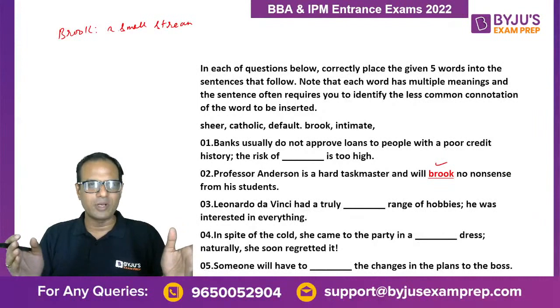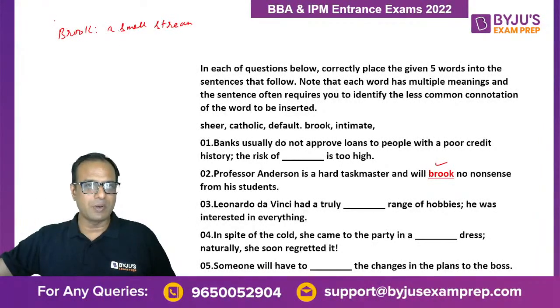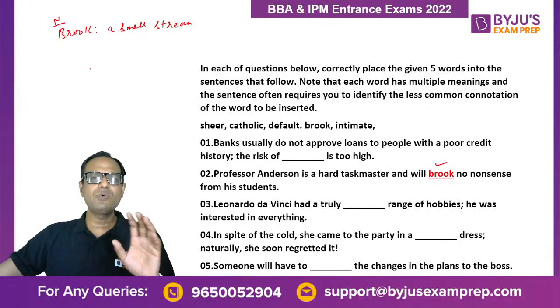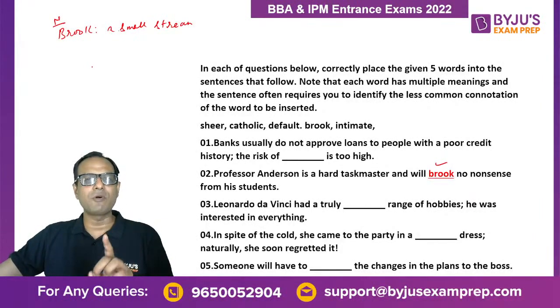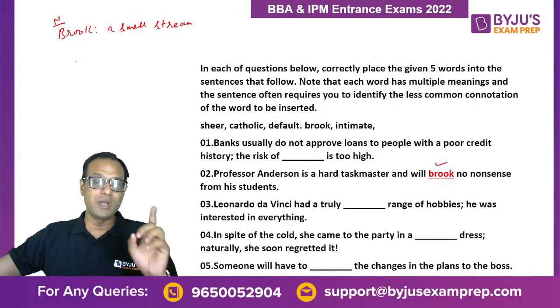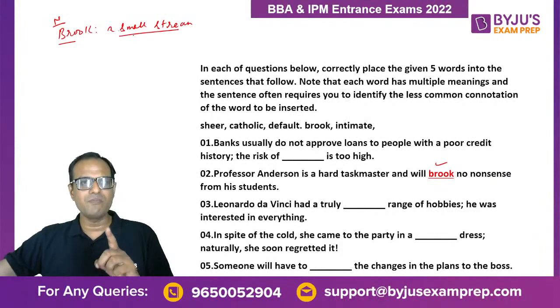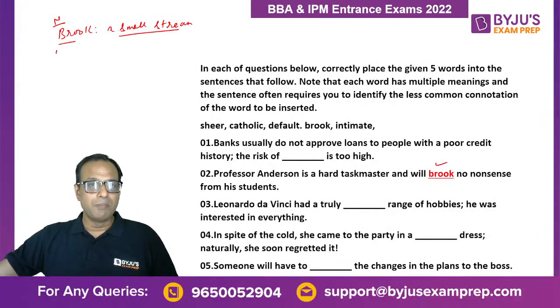It's a wonderful poem. Brook means a small stream. It is a noun. Always try to figure out the word with the help of its part of speech. Which part of speech does the word belong to? In this case, brook, which means a small stream, is a noun. But the moment we use brook as a verb, it means to tolerate.